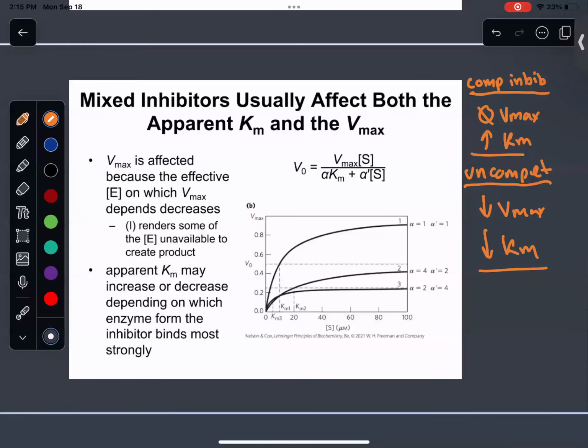So if the inhibitor binds more closely to the active site, we're going to look at more competitive type of traits, and thus we're going to see an increase in Km. If the affinity is greater for the enzyme substrate complex than it is for the active site, then we're going to see a decrease in Km because the inhibitor prefers to take the uncompetitive route.